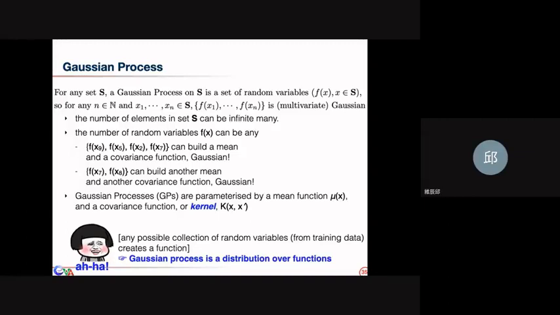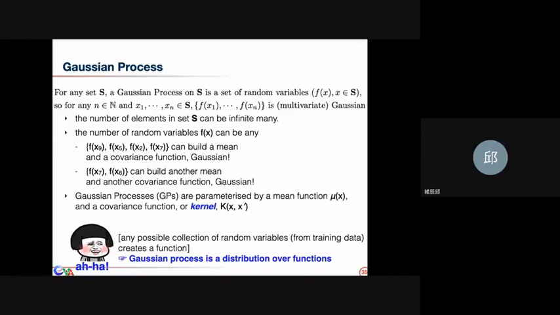Because if you have two data points, for example x and x prime, and they are close to each other, then I expect their y and y prime should also be close to each other, right?